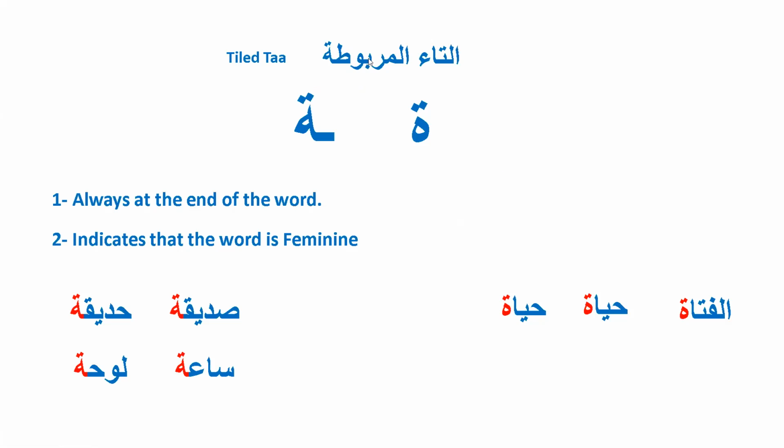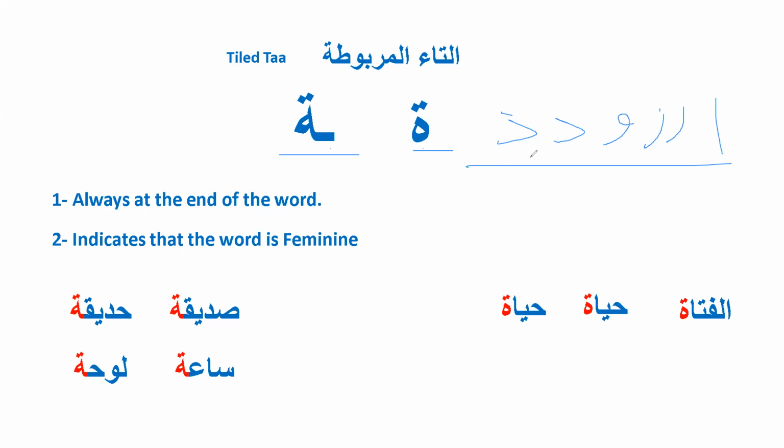Ta marbuta is written, first of all, like this. It has 2 types of writing, either like this or like this. We said that we have 6 letters that don't join with the letter after them, and these are alif, dal, dhal, ra, zay, and waw, right?